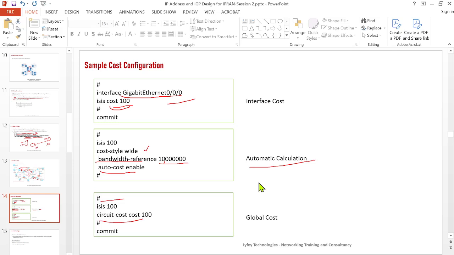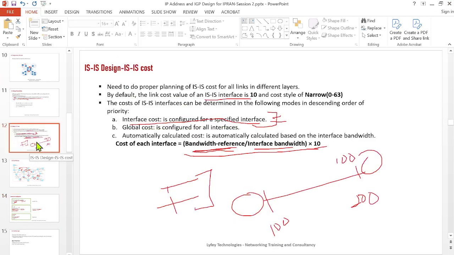Yes, I agree. That's why the majority of service providers go ahead and use manual configuration on the interface. And if you have all these options configured, it's always the interface cost that takes precedence. The global cost follows, and then we have the automatically calculated cost.